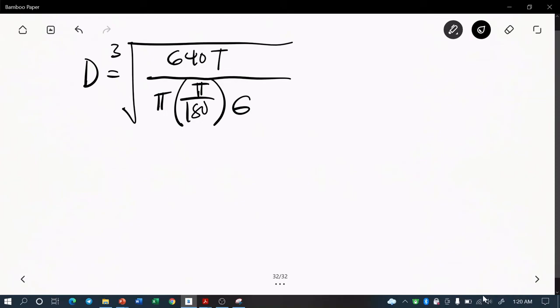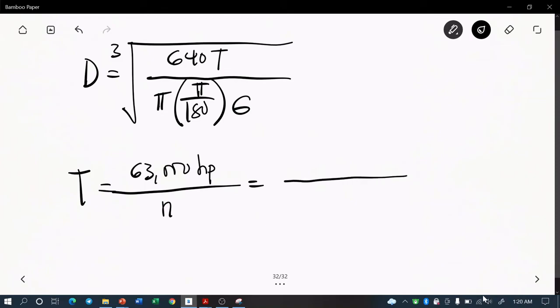Okay, so do we have a value of the torque? I believe we are not given a value of the torque. So we're going to solve first this value from the horsepower equation. From the horsepower equation, T is equal to 63,000 HP over N. We are given that the transmitted power is equal to 40 HP and the RPM is 500.